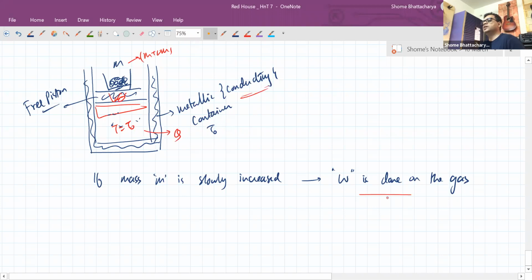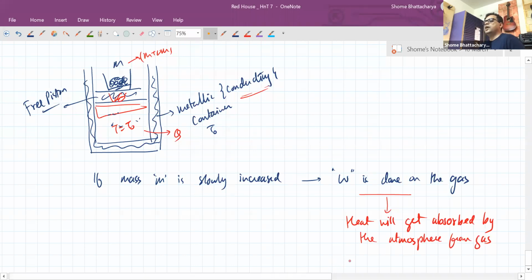So work is done on the gas, heat will get absorbed by the atmosphere from the gas, and delta U will remain zero because temperature will remain constant.